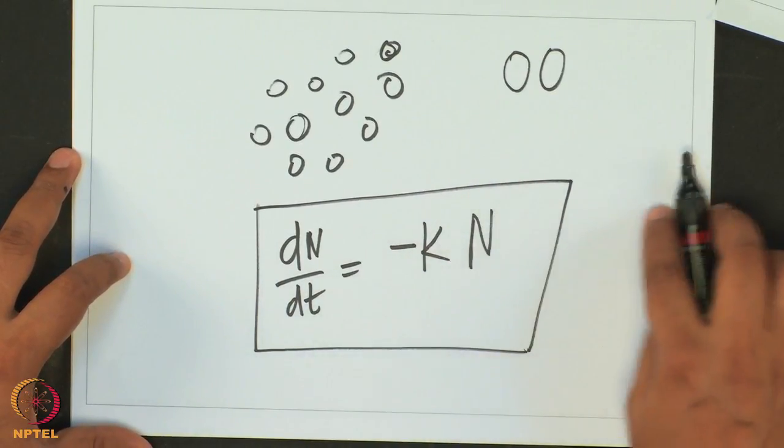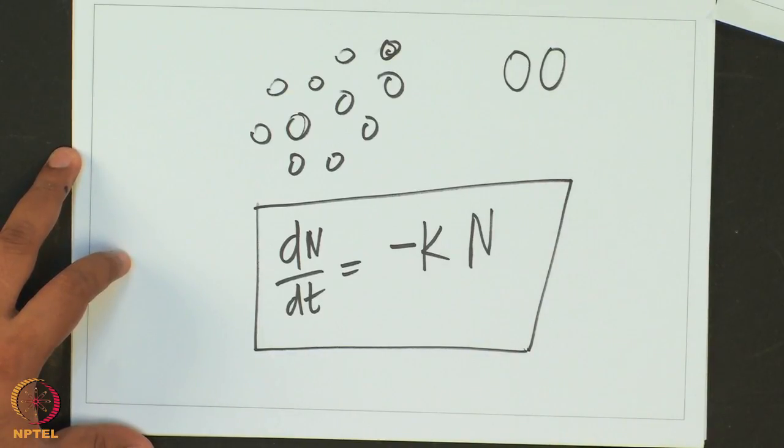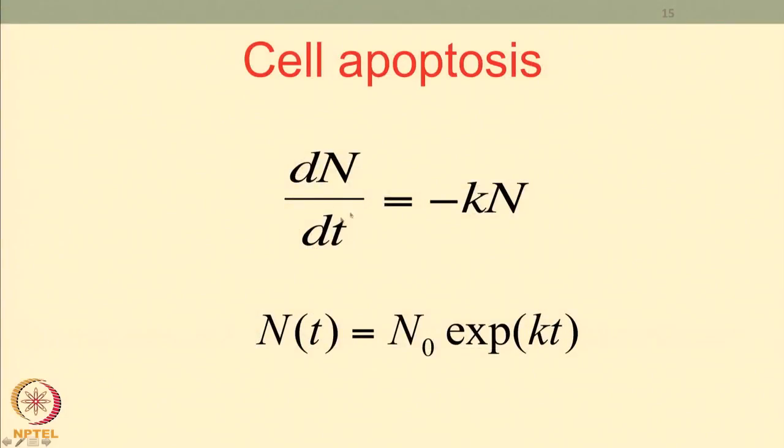And if you have such an equation, you would get dn by dt is equal to minus kn. There was a mistake here, it should be a minus sign.